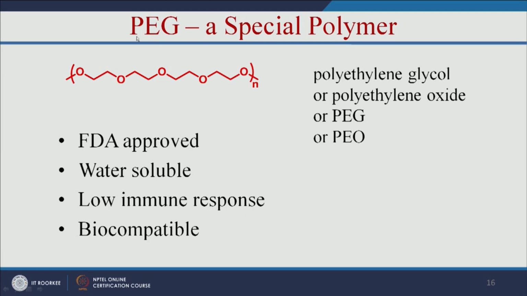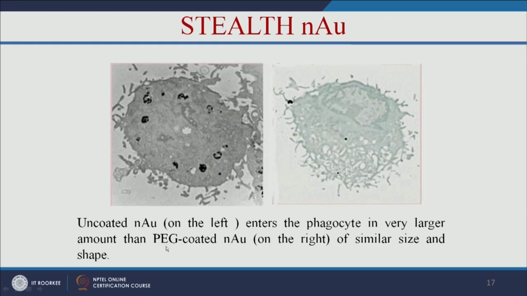Why are we using PEG, polyethylene glycol? Because it is FDA approved and it is water soluble, and it does not have any immune response or has low immune response, and it is highly biocompatible. So by using this PEG, we can protect our nanoparticle from the immune cells. Here you can see the example.